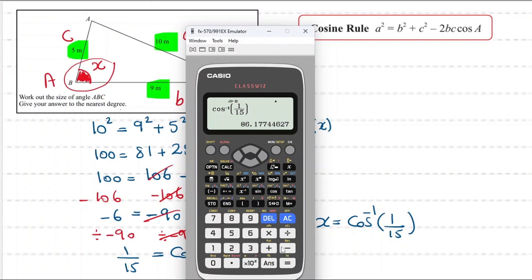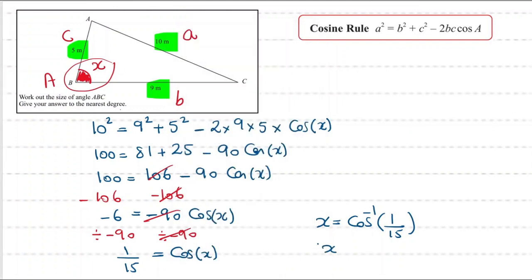That will give us 86.177... So let's write it down. X equals 86.177... But the question says give your answer to the nearest degree. So x would be equal to 86 degrees to the nearest degree.